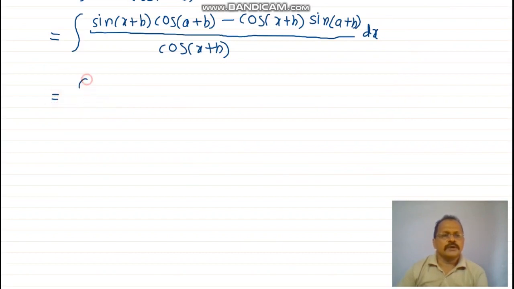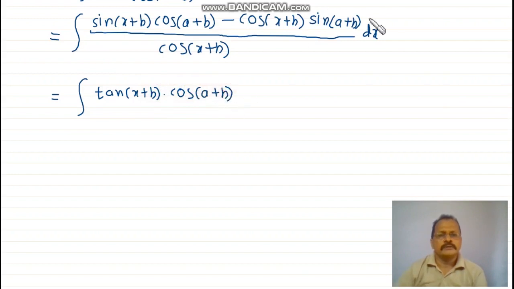This is equal to the integration of (tan of x plus b into cos of a plus b minus sin of a plus b) dx.